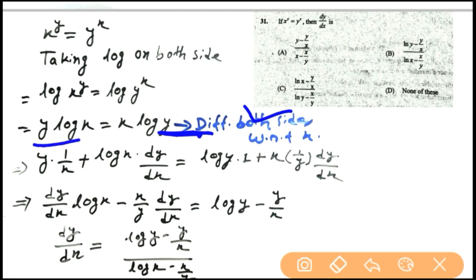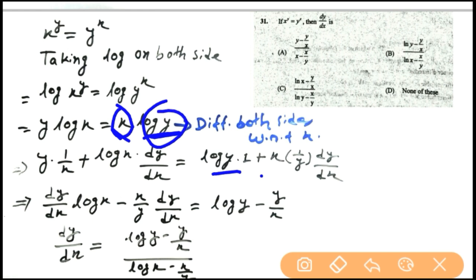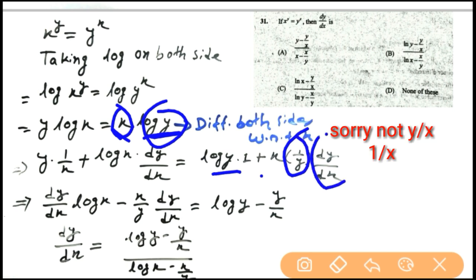So here these two functions, here you can find u into v and here also u into v. So we'll take derivative with respect to x. So y into 1 by x plus log x into dy by dx equal to log y into derivative of x is 1 plus x into derivative of log y with respect to x is 1 by y into dy by dx.